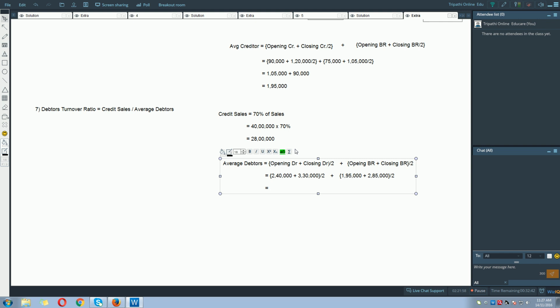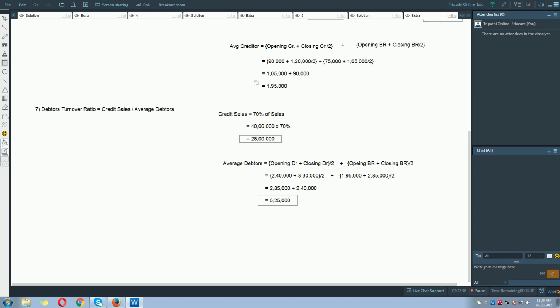Credit sale is equal to 70% of sales. So that will be 40 lakhs into 70%. So you will get 28 lakhs. So we got credit sales.